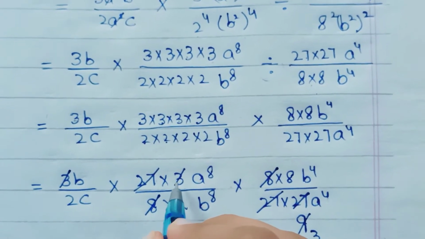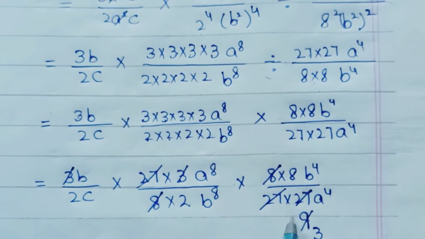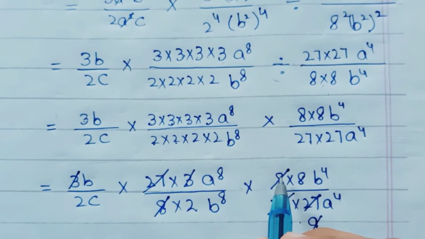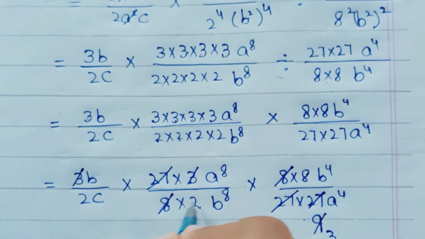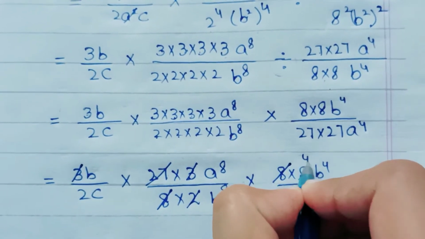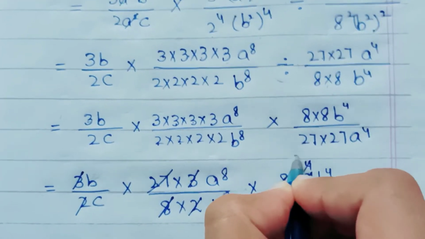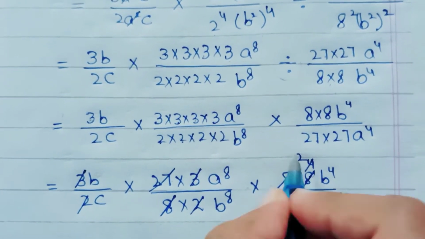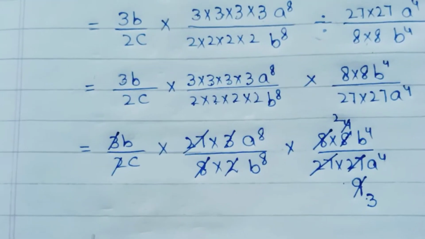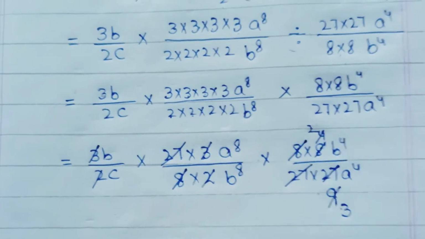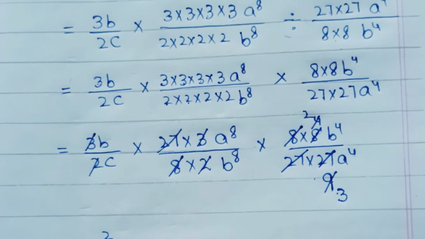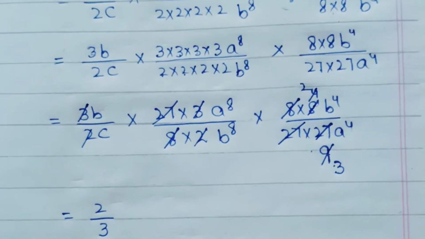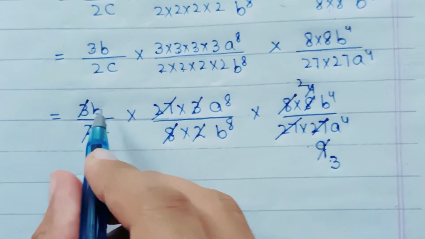The term that is in numerator we can cancel with denominator, but same terms in numerator can never be cancelled. So here 2 4s are 8, 2 2s are 4. 2 is left in numerator and 3 is left in denominator. We will separate it and write it first: 2/3.